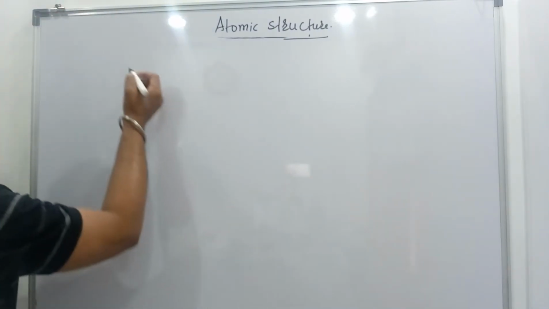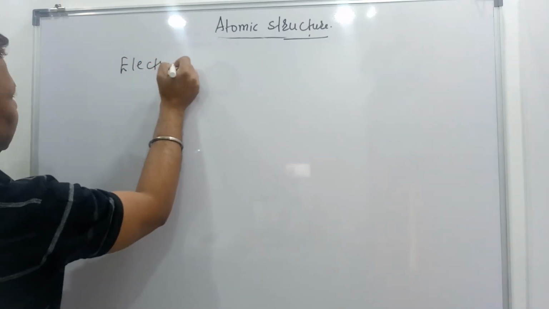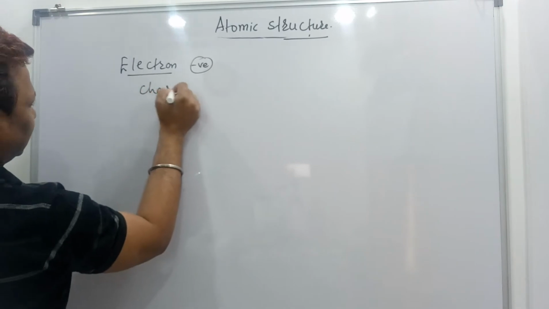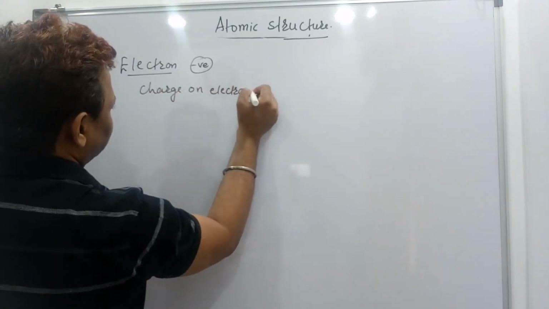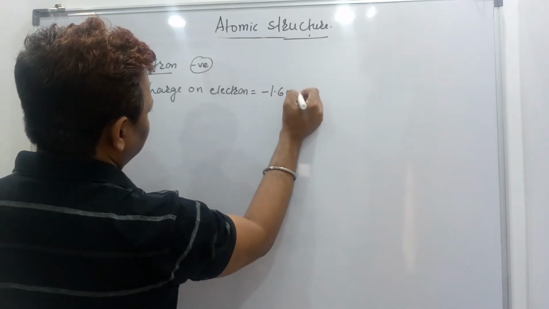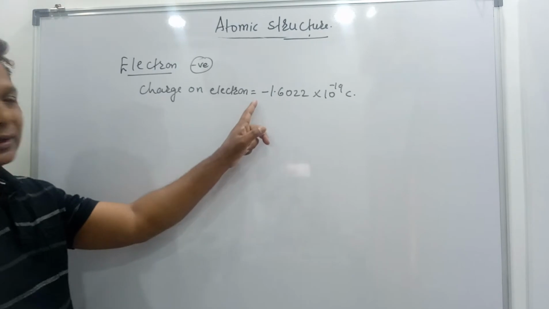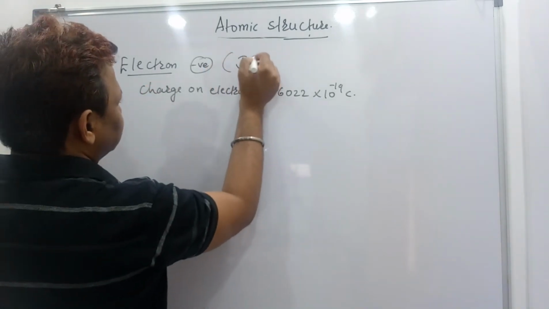Yesterday we saw that the first particle is the electron, which is negatively charged. The charge on the electron is 1.6022 into 10 to the power of minus 19 coulomb. I have taken the value as negative. The electron was discovered by J.J. Thomson.